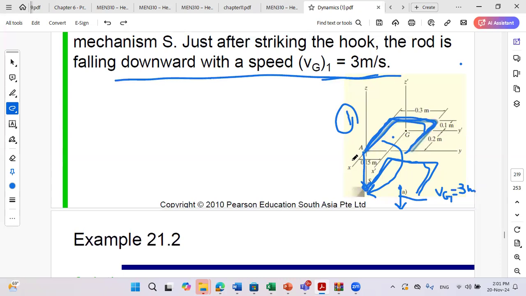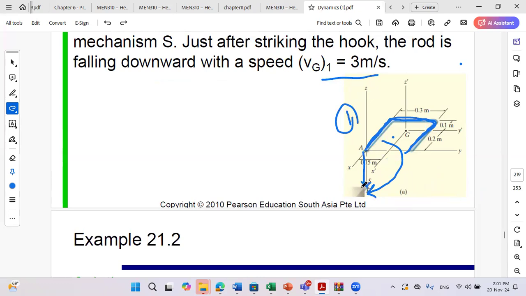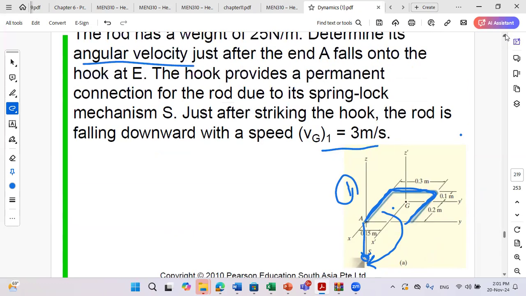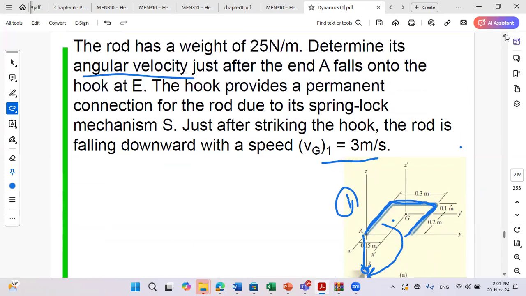Let me check where is E. So now once it's in contact with E, it starts doing rotation about E. First it was translating, reached E with a downward speed vG1 equal to 3 meters per second.